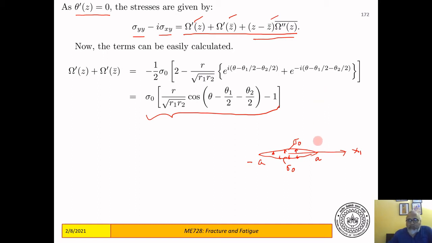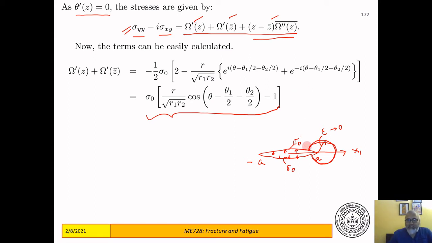But we are going to look at now a small circle of radius epsilon with epsilon tending to 0 at the crack tip. And what we want to figure out here is what is the sigma yy and sigma xy on this small circle, and we expect that whatever we get from this equation on this small circle should be similar to what Williams solution gave us in front of a crack tip.